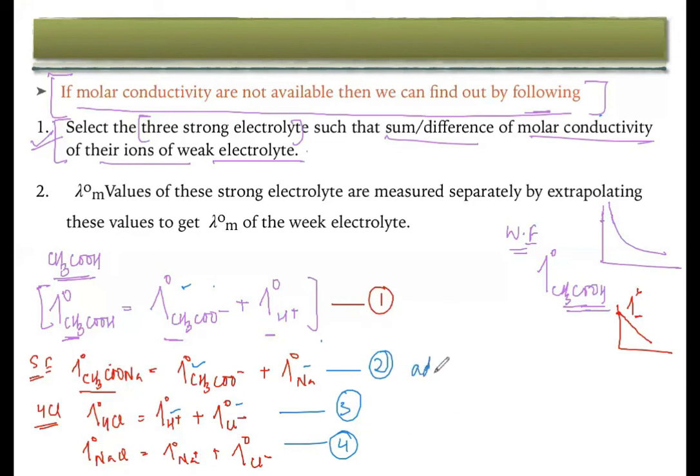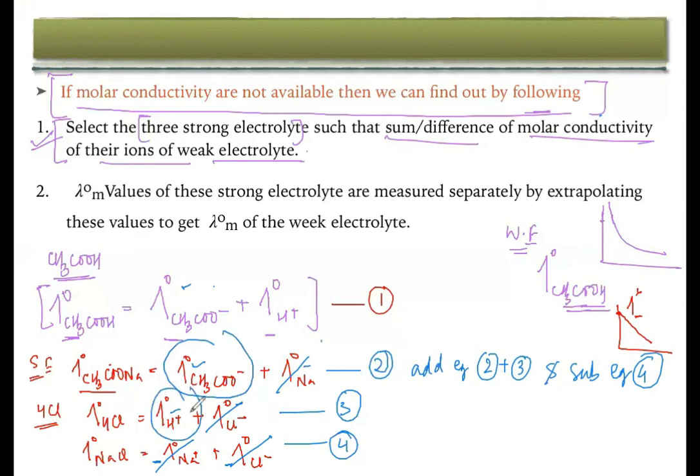If we do this, there will be minus and minus, so you will find that Na and Na will cancel out, and Cl minus and Cl minus will cancel out. The rest of the part is the value of this and this, which is the expression for the weak electrolyte.